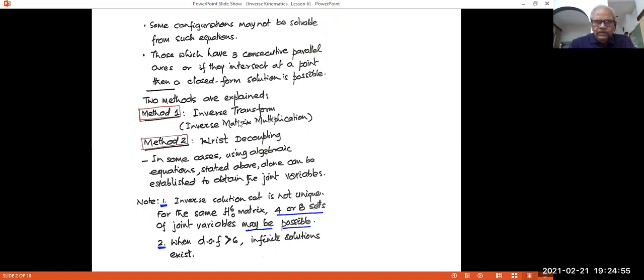Otherwise, comparing these elements in parametric form to the numbers given and using those equations is one method. Other than that, it may not be possible in all cases. Only in some simple cases it may be possible to get the joint variables by such comparison.